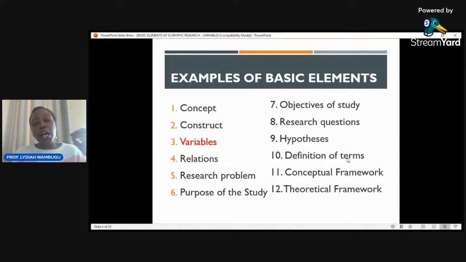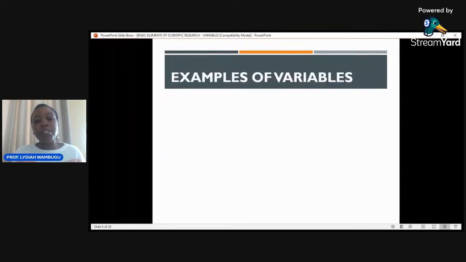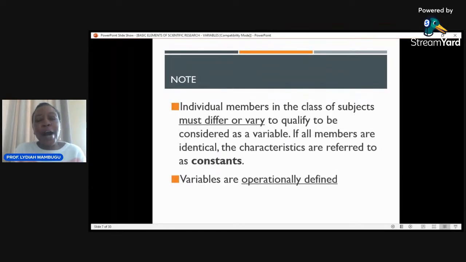This means operational definition of variables. And that means you define a term based on how you are measuring it, not the conceptual definition, not the definition that we find in textbooks.